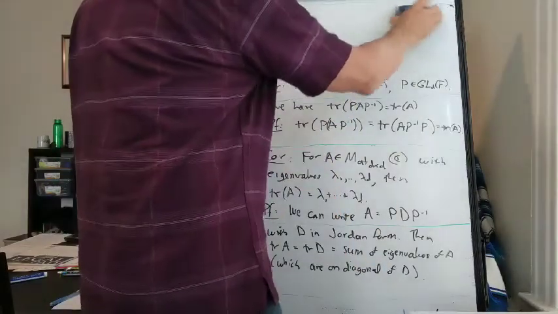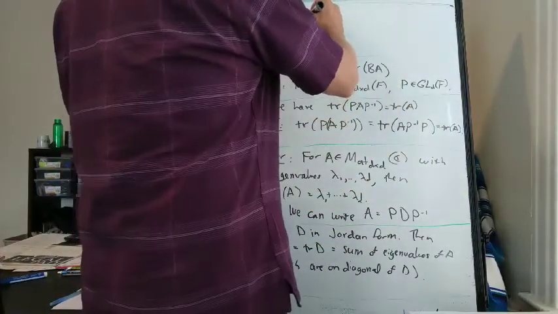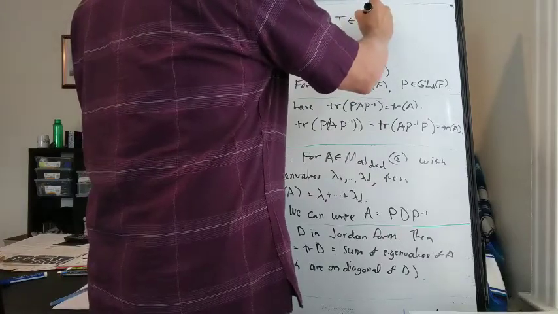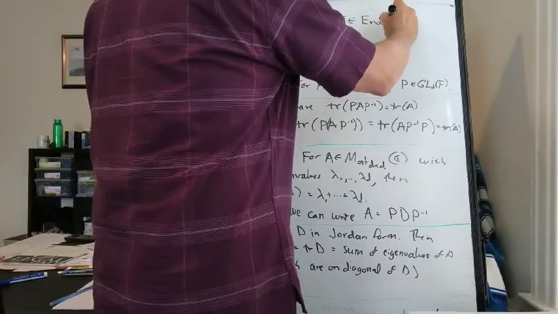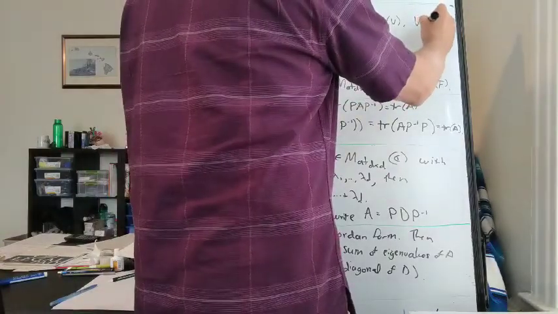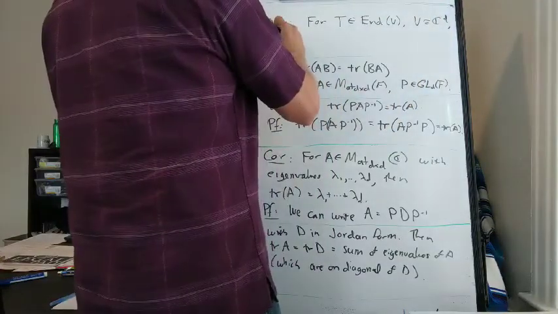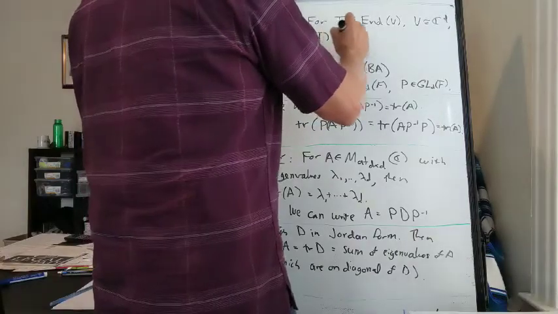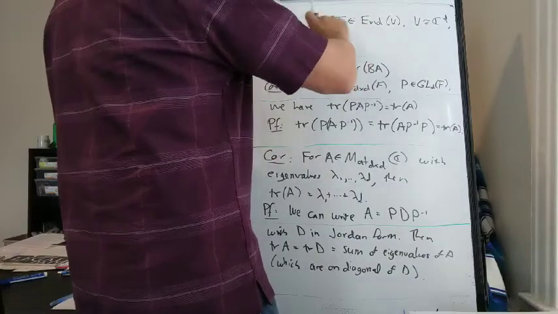So this allows us to define the trace of a linear operator. So let's say T is an endomorphism of a complex vector space V. We can define the trace of T, well, let's say with eigenvalues lambda 1 through lambda d.